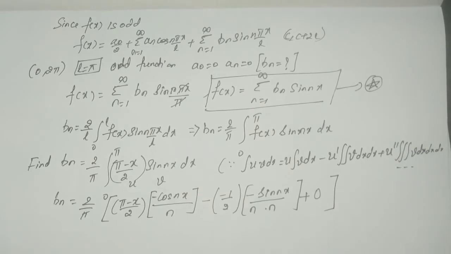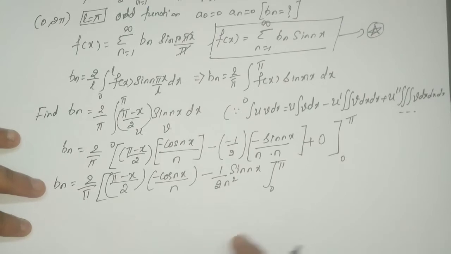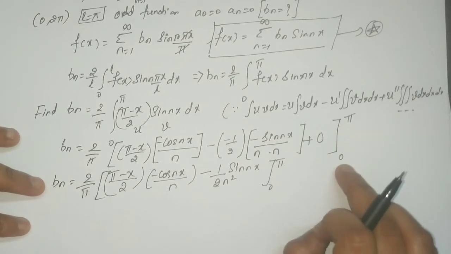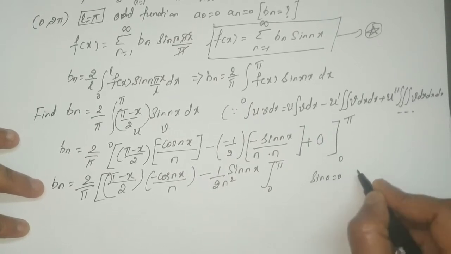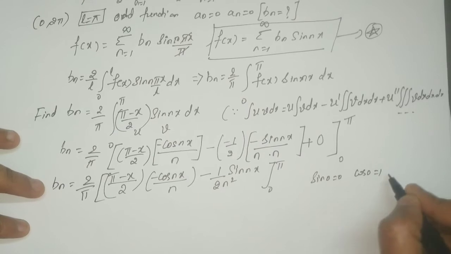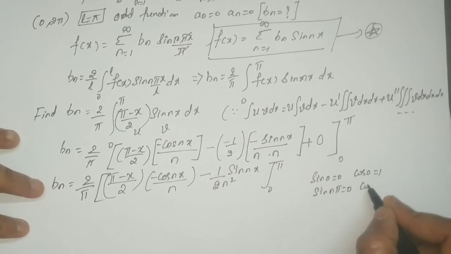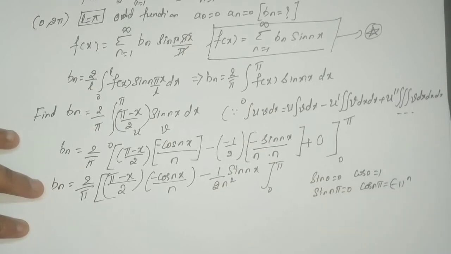The integration process stops here. Directly take the limit 0 to pi, so you have to apply the upper limit and subtract the lower limit. Before that, please remember sine 0 is 0, cos 0 is 1, sine n pi will always be 0, and cos n pi will be minus 1 to the power n.